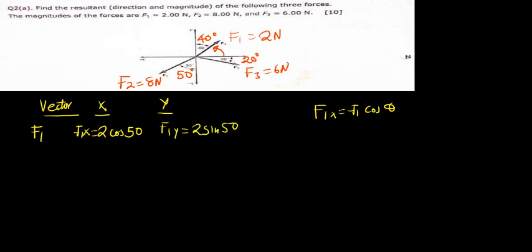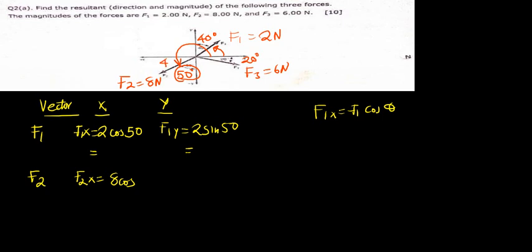Then we are going to go to F2. So we're going to have F2x. F2, the magnitude is 8, and then cos. Now the angle we are interested in for F2, we're going to get from here up to this point. The angle we've been given is 50 here, so 90 minus 50, we are going to get 40.